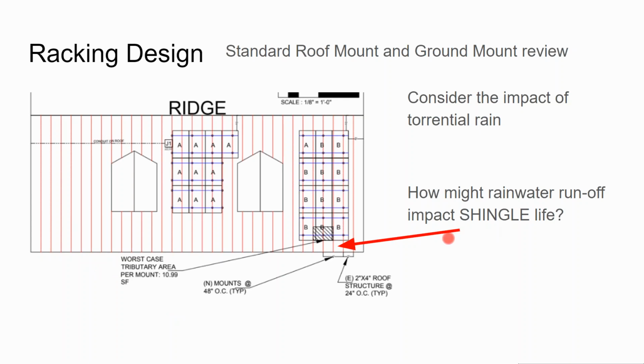And that got me thinking, well, that's kind of true. Your 25-year shingle life is assuming that the rain is going to fall evenly across the rooftop, but aren't those shingles going to be degraded along the bottom of the array, because essentially you're going to have a whole array's worth of water now spilling down on one shingle.